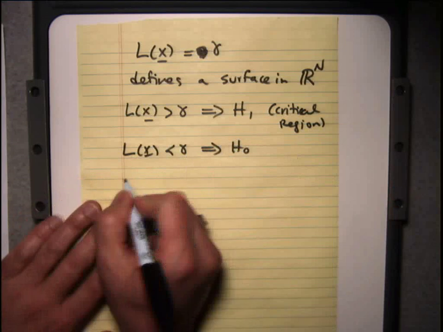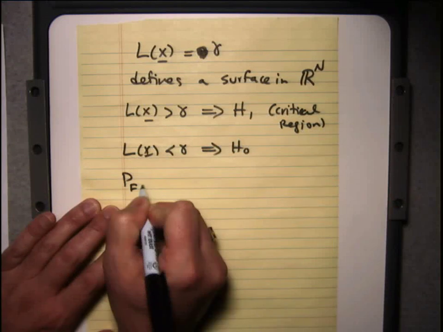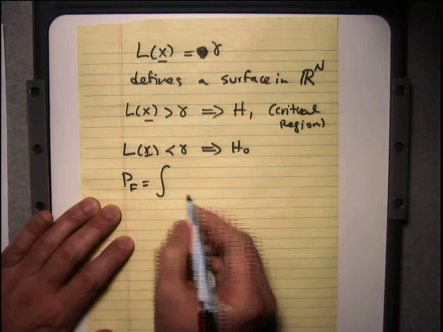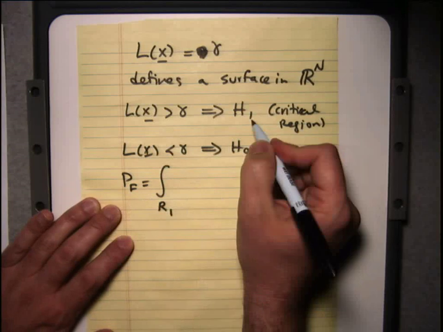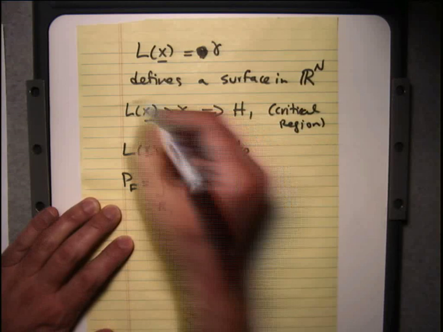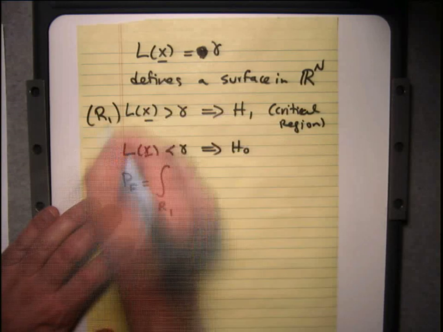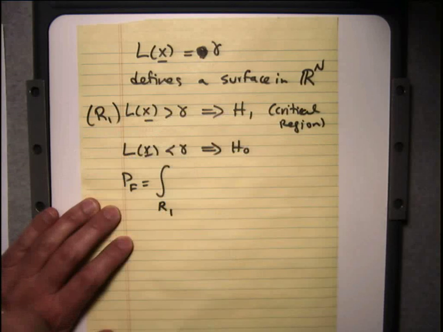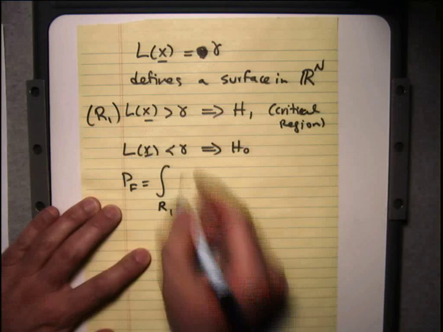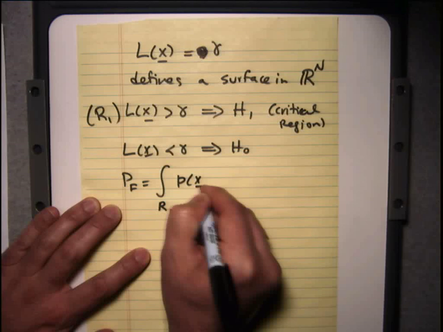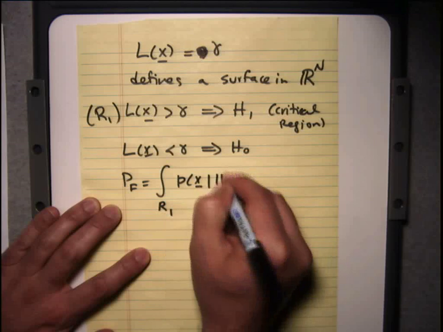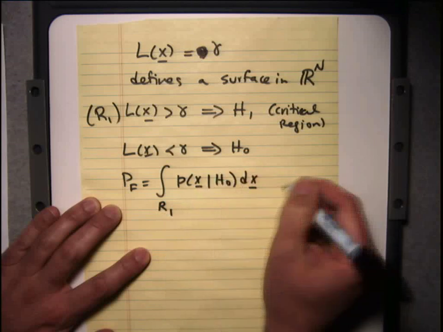And so what's PF? This is going to be the integral over R1, which I call the critical region R1, of the PDF of x given H0 dx.